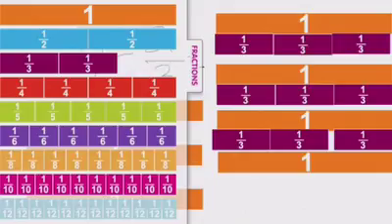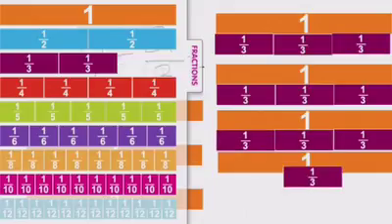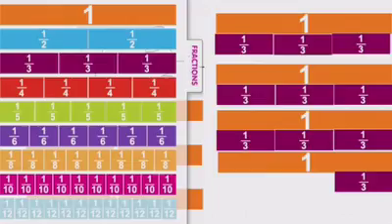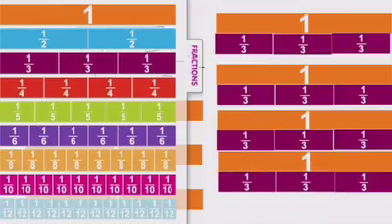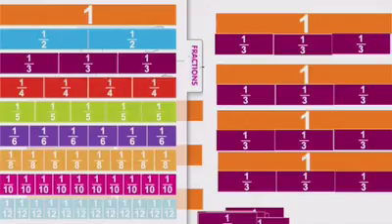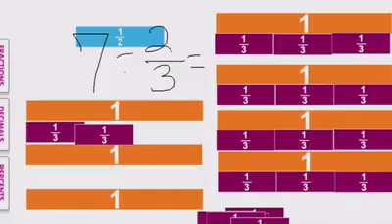Remember that you should have 3 pieces for each whole, since 1/3 means you would need 3 of these to make a whole. Okay. Mix up another side here.